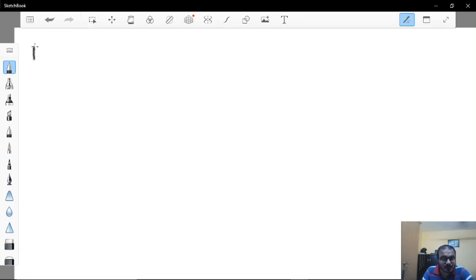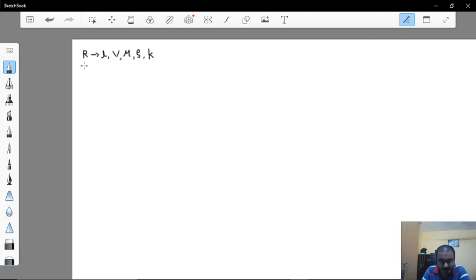So R, let us say R is the resisting force which depends upon L, that is length, V is the velocity, then mu is the dynamic viscosity, rho is the density, and K is the bulk modulus. So it can be said that R is a function of L, V, mu, rho, and K.